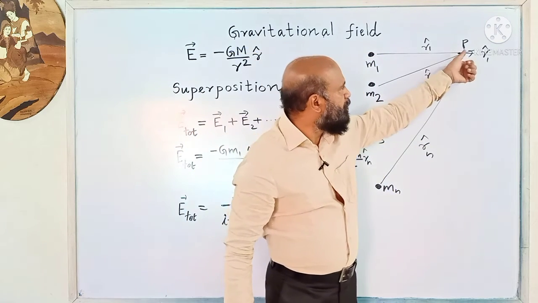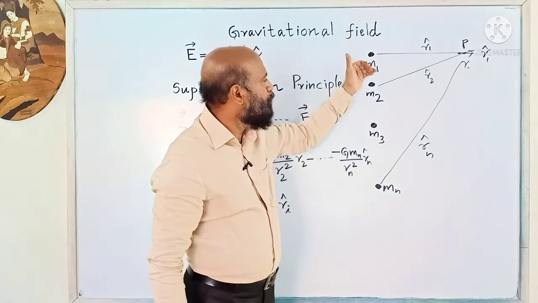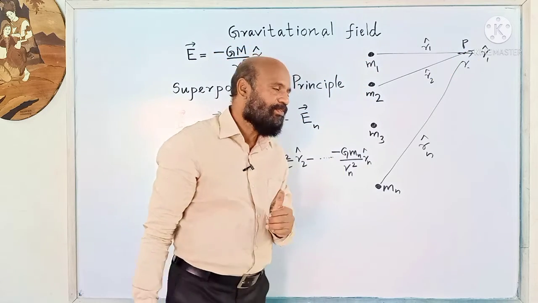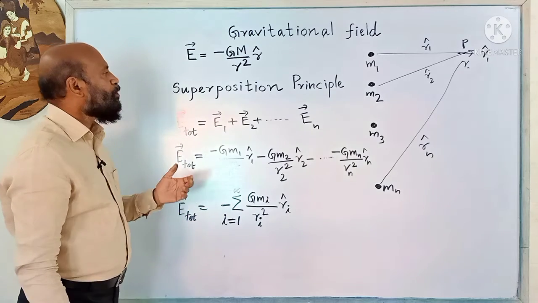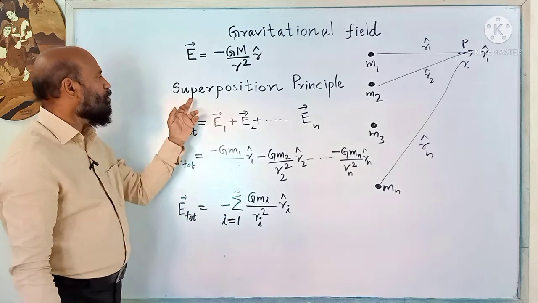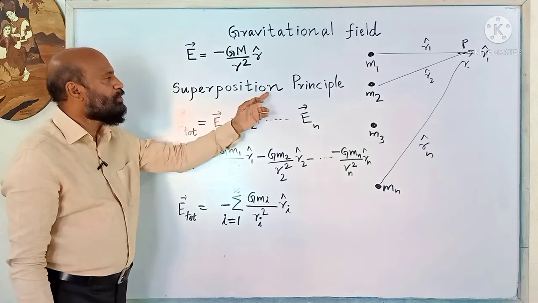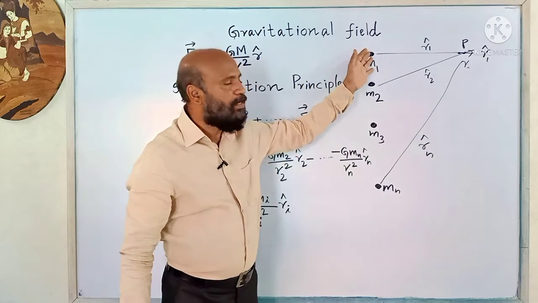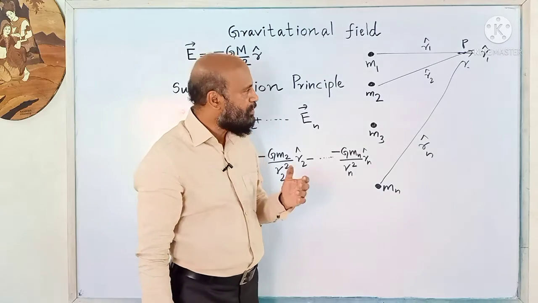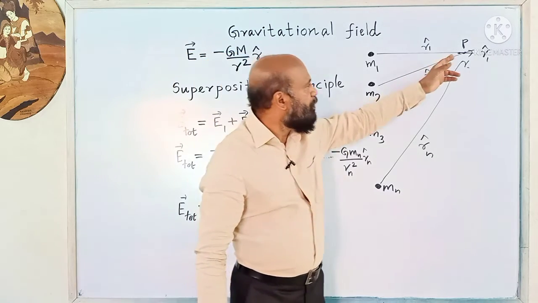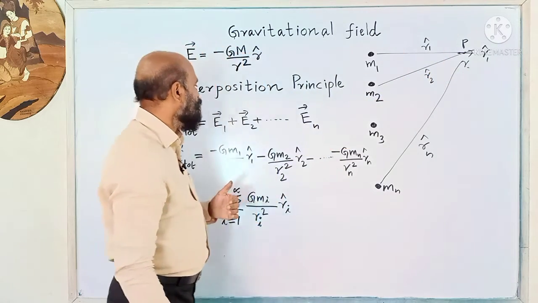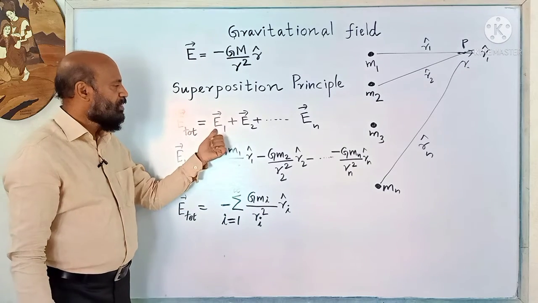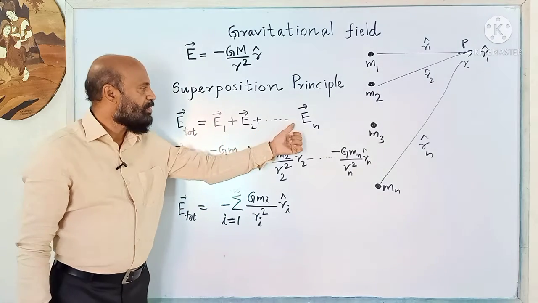So we have to find the intensity at this point due to individual masses. Then we have to find out the vector sum. That is called the superposition principle. Intensity at a point due to a number of masses is the vector sum of the intensity due to individual masses. Now total intensity is E1 vector plus E2 vector, etc. up to En vector.